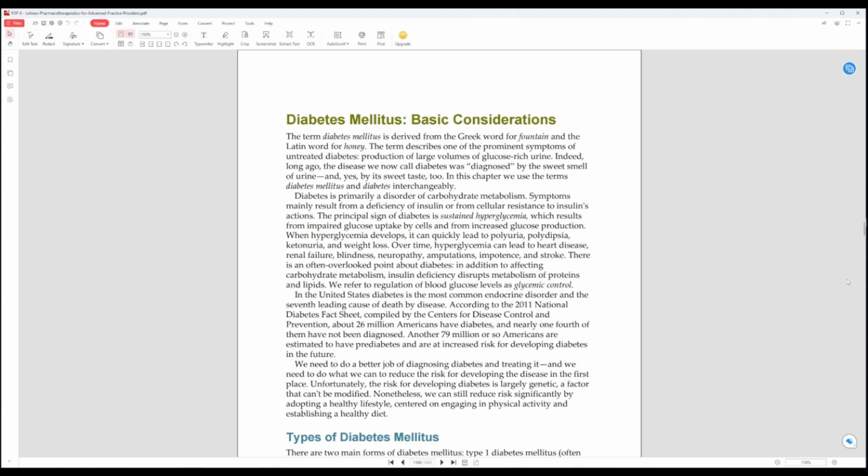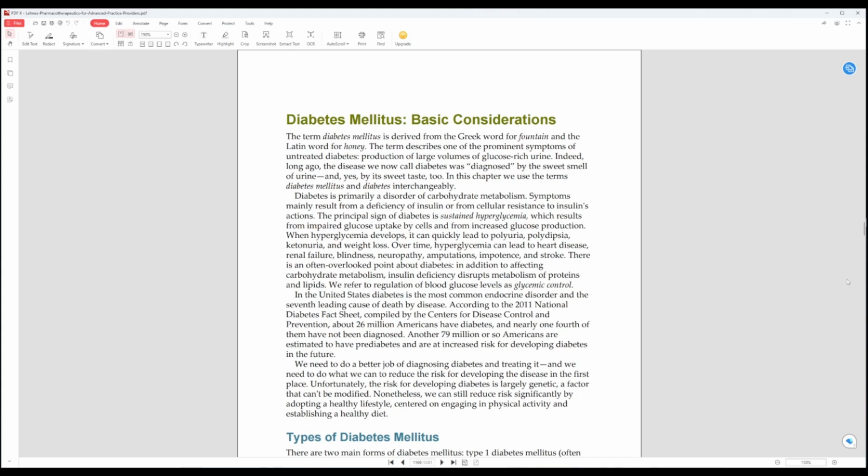In this chapter, we use the terms diabetes mellitus and diabetes interchangeably. Diabetes is primarily a disorder of carbohydrate metabolism. Symptoms mainly result from the deficiency of insulin or from cellular resistance to insulin's action.